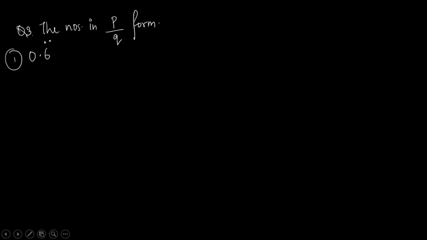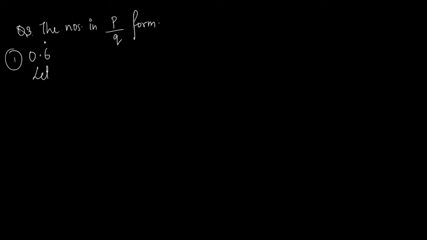Question number 3. You are supposed to write down the numbers in p by q form. Okay, so they have given you the numbers in the decimal form. The first sum is 0.6 recurring. So now how do you write this? Okay, now what are the steps over here? Very interesting sum. Let's look.